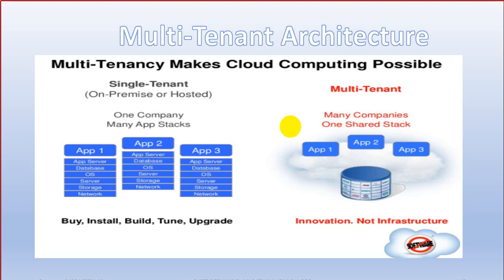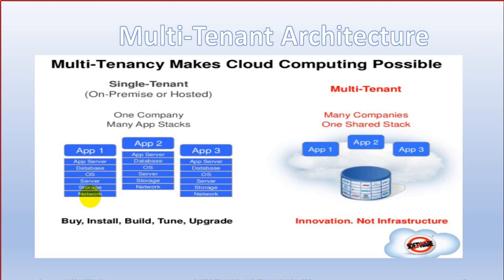Okay, so if you are single tenant, or you are the owner of this one house, everything you have to take care of. Application servers, database servers, operating system, web servers, storage, network, whatever it is that fails, you have to take care of it, right? You should take care of everything.